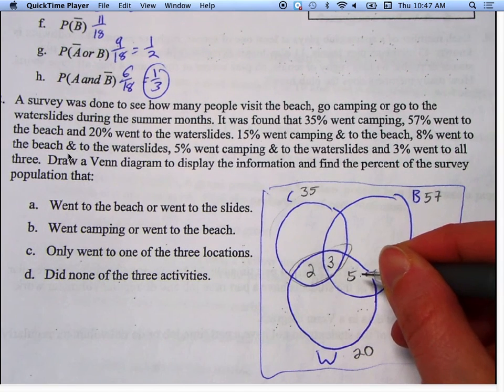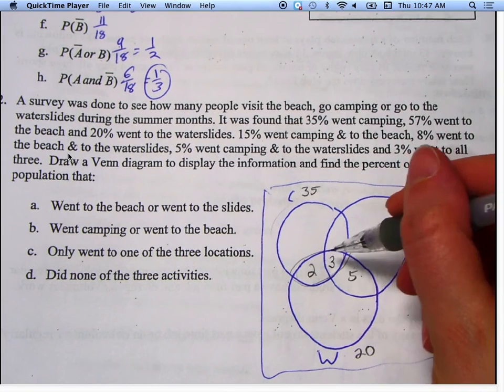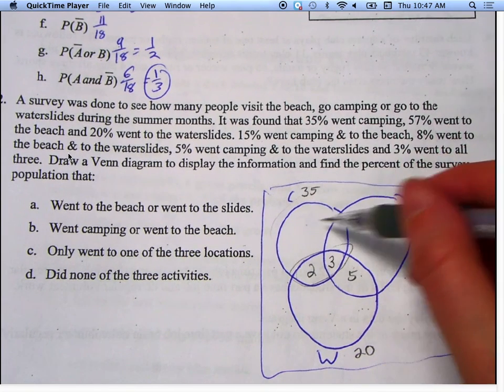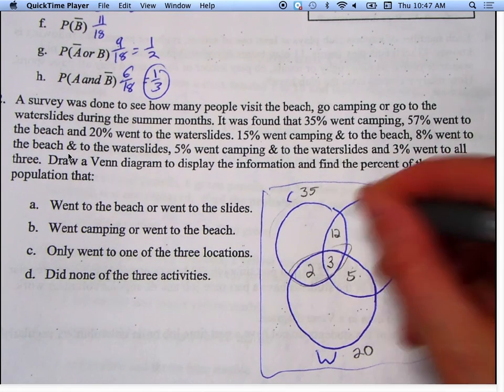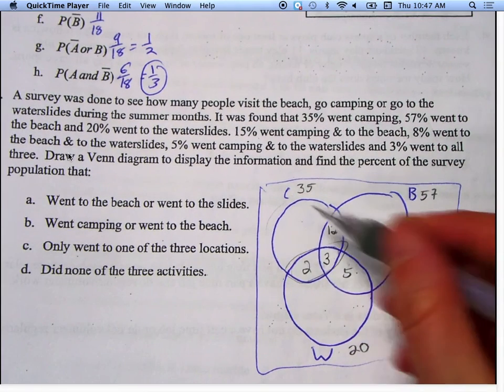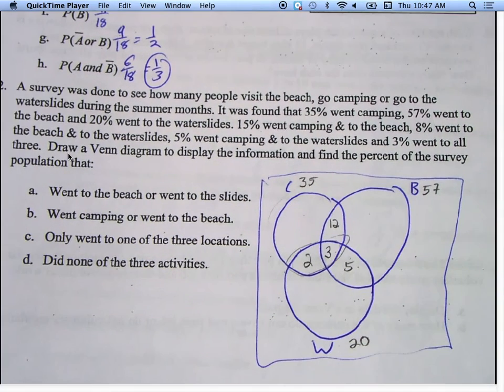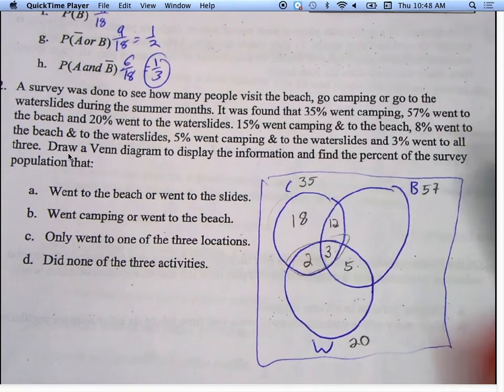15 went camping and the beach. So how many goes right here? 12. Now we have to take 35 minus these things to see how many people just went camping. 35 minus 3 minus 2 minus 12 leaves us with 18 who just went camping, because it has to add up to 35.